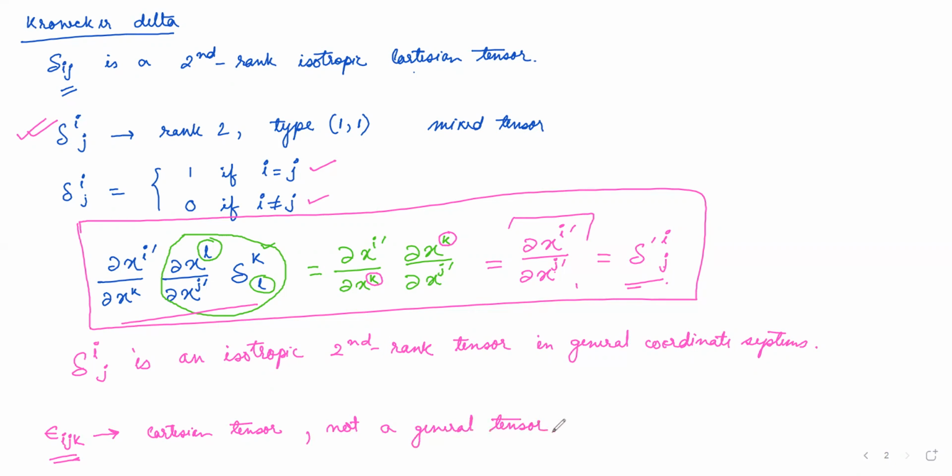Okay, we can show that epsilon ijk is not a general tensor, but it is a Cartesian tensor. We already showed that epsilon ijk is a Cartesian tensor, but when we check whether it is a general tensor or not, we will see that it is not a general tensor.